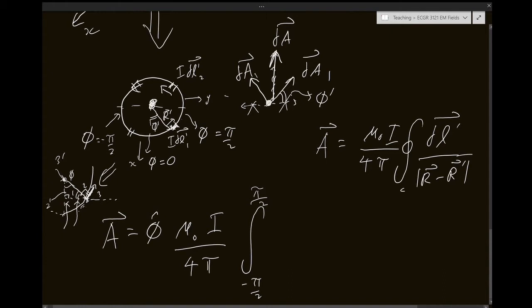Also 1 plus 2 is some angle away from 180 degrees. Since 2 is 90 degrees and 2 prime is 90 degrees, 3 has to be equal to phi. It's a geometrical argument, right? So that tells me that the angle here is going to be phi prime.